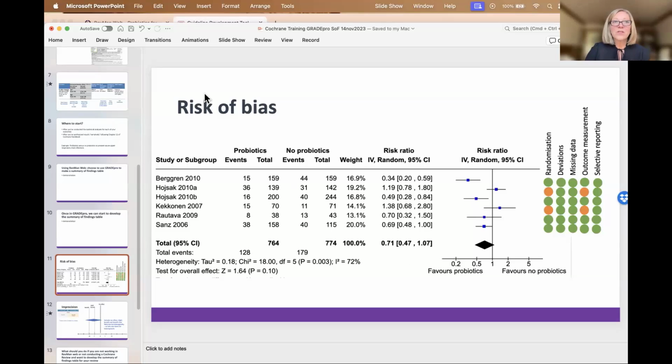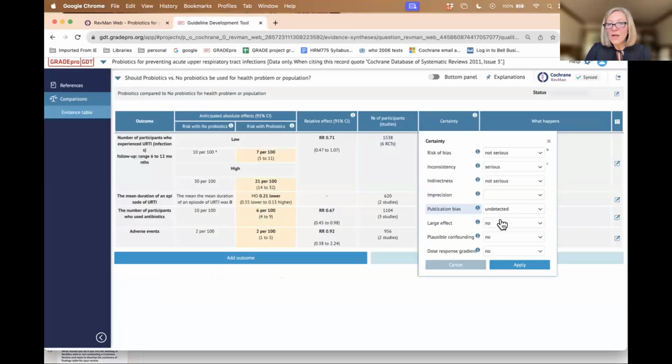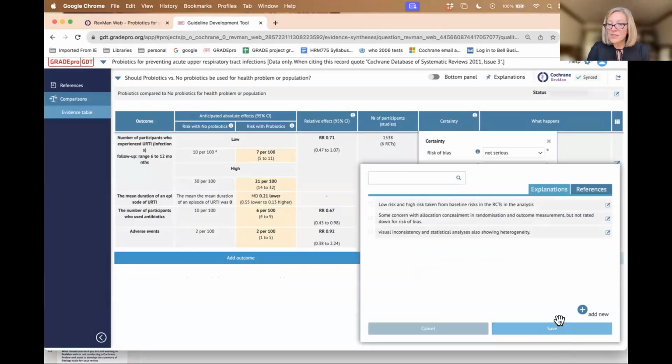So when I go back to GRADEpro, I'm going to put not serious for imprecision. And if I wanted to, I could put an exclamation in here saying, wide confidence interval, likely due to heterogeneity. And just save that.